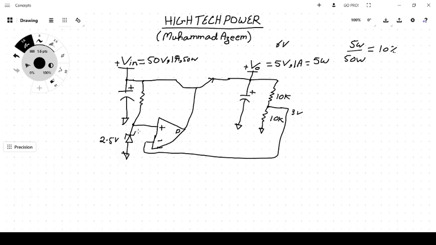As you can see, 3 volt is greater in magnitude than 2.5 volt, so the negative terminal would be at a higher level with respect to the positive terminal. Then the output of the op-amp goes to 0 volt, or tends to go to 0 volt.